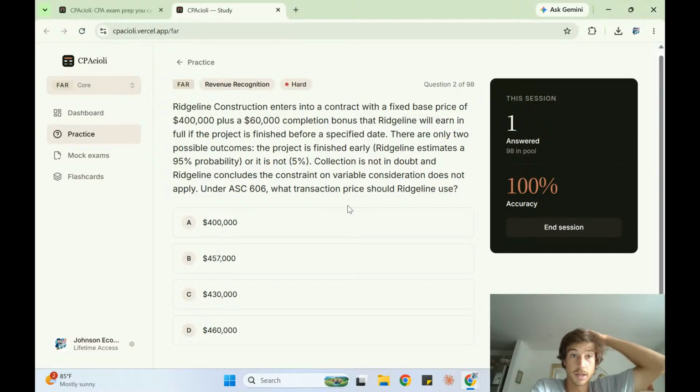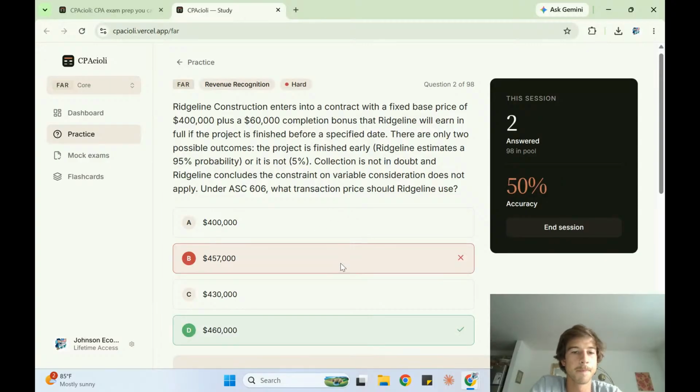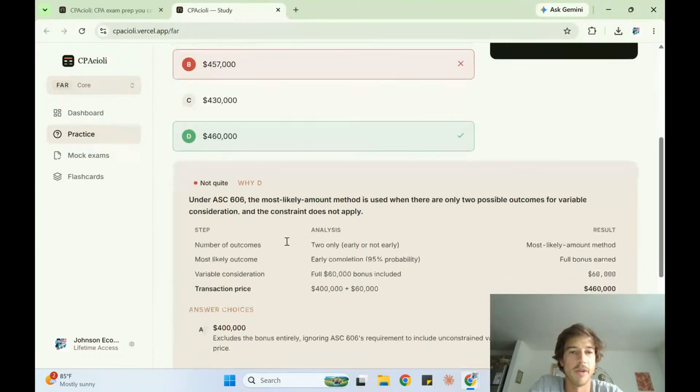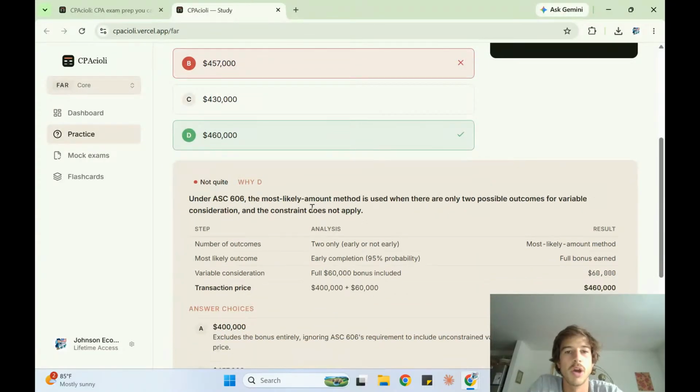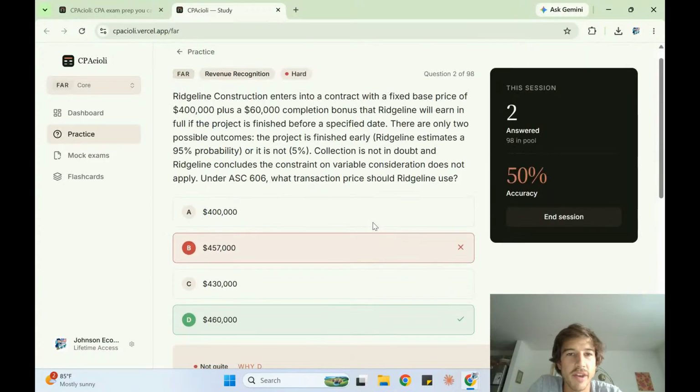So I would do, my guess would be 60,000 times 0.95 plus 400,000. So my guess would be B. Let's see. Okay, so it's for the full amount. Let's see why. The most likely amount method.